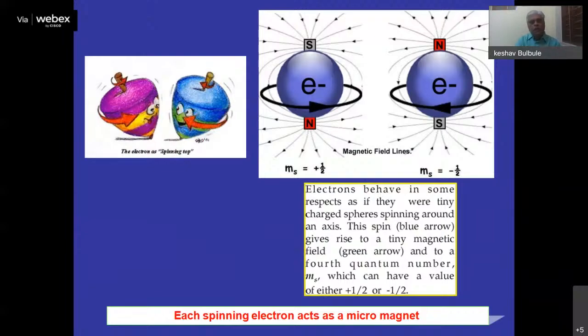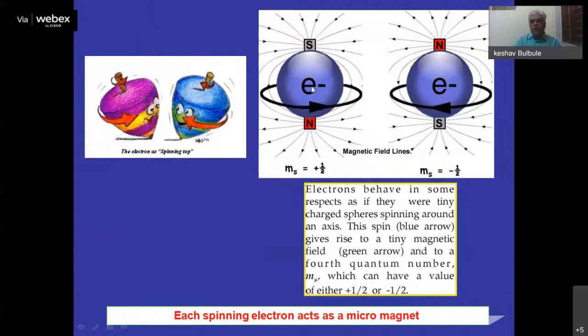Earlier we saw that the d block elements and some of their compounds are paramagnetic in nature because the electron acts as a micromagnet. Because every electron acts as a micromagnet, the compounds are paramagnetic in nature.